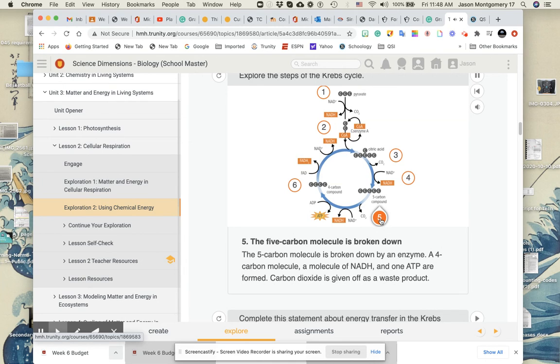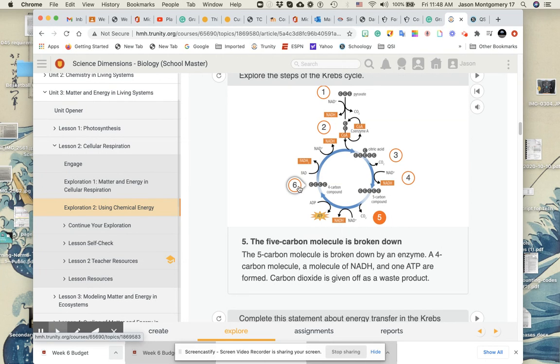Carbon dioxide is given off as a waste product. All right, this NAD plus comes in here and recharges back to NADH. This ADP coming in here is recharging to form ATP.